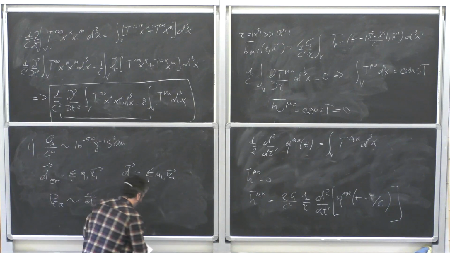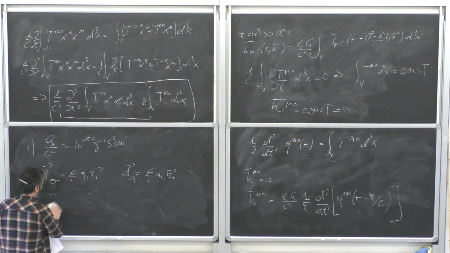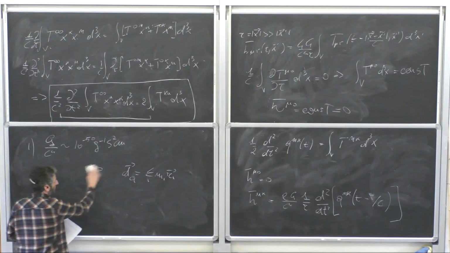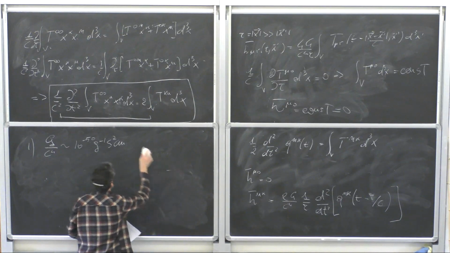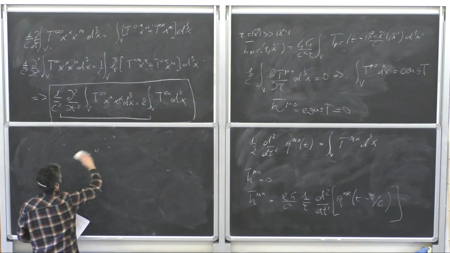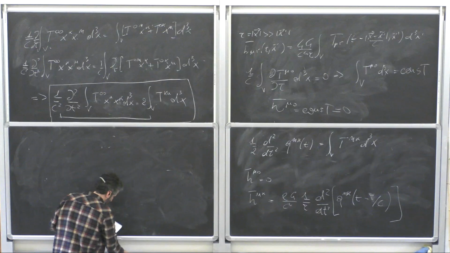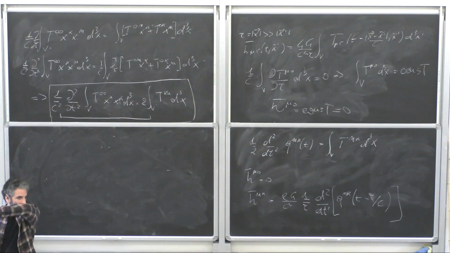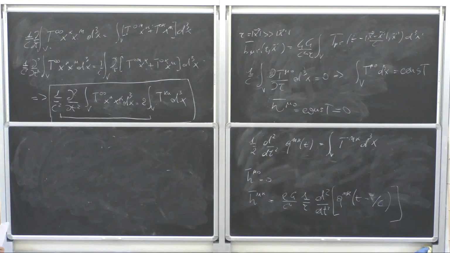But before this, I want to give you a prescription to project things in the TT gauge. We have seen that coordinates can be a bit misleading, because the actual physics may not be evident in one coordinate system with respect to another.